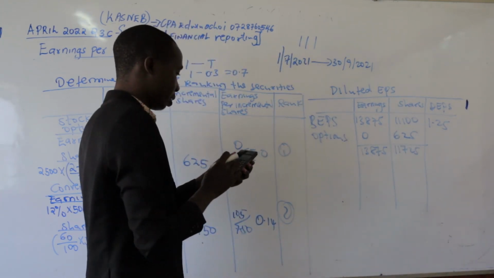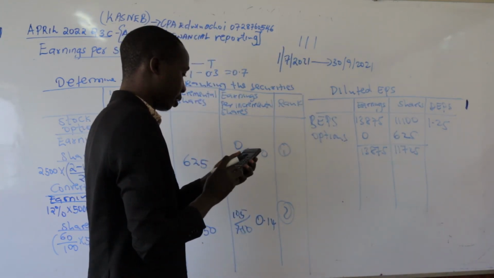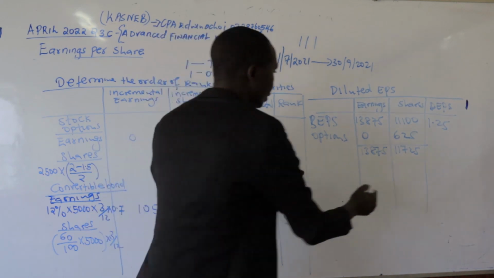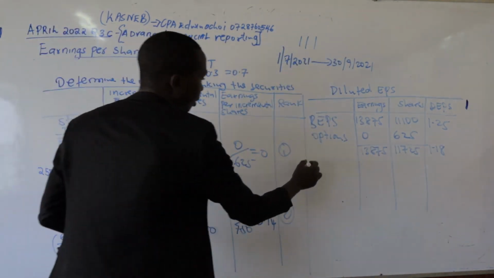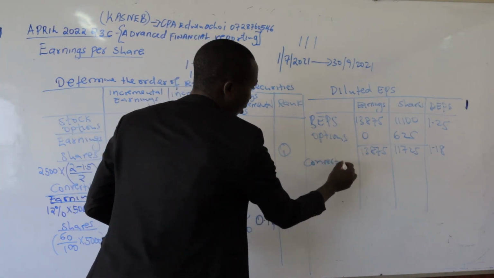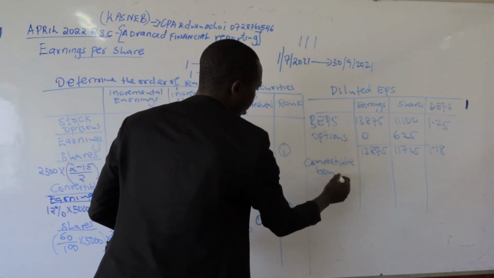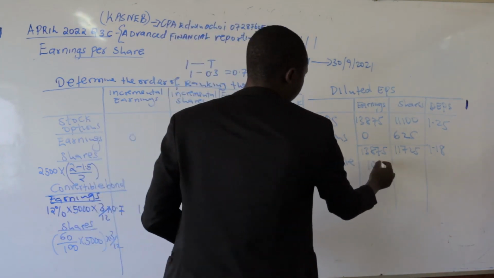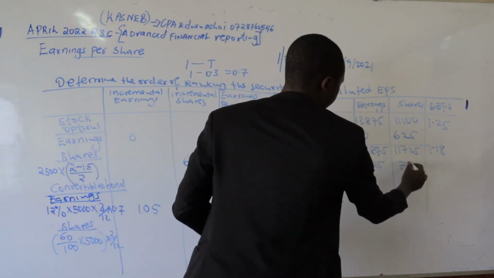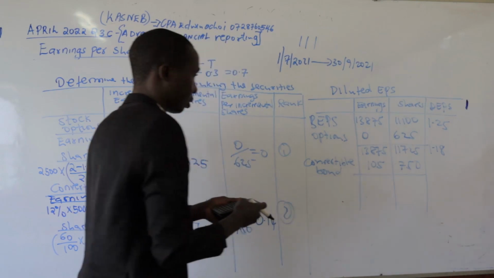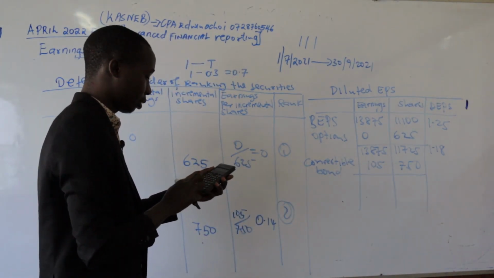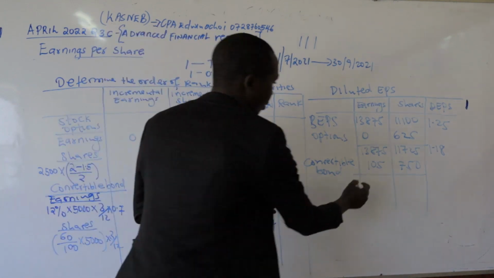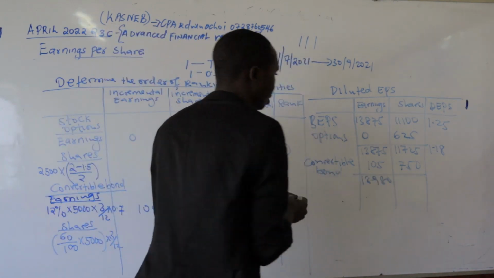So we take 13,875 and divide by the answer. That is 1.18. Then the second one was the convertible bond, which is 105 and 750. So 13,875 plus 105 is 13,980.